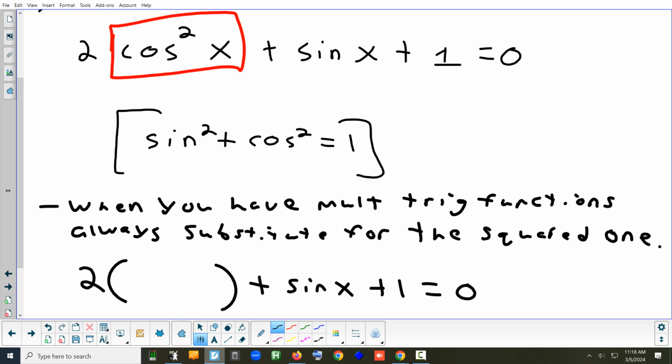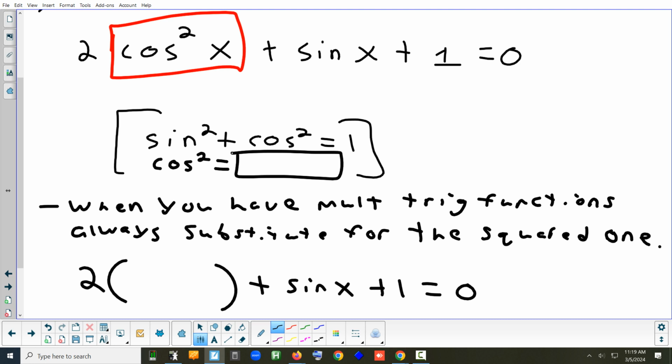And which one do we have to get by itself? Cosine squared. Yep. So if you get cosine squared by itself in that identity, what would it equal? 1 minus sine squared.